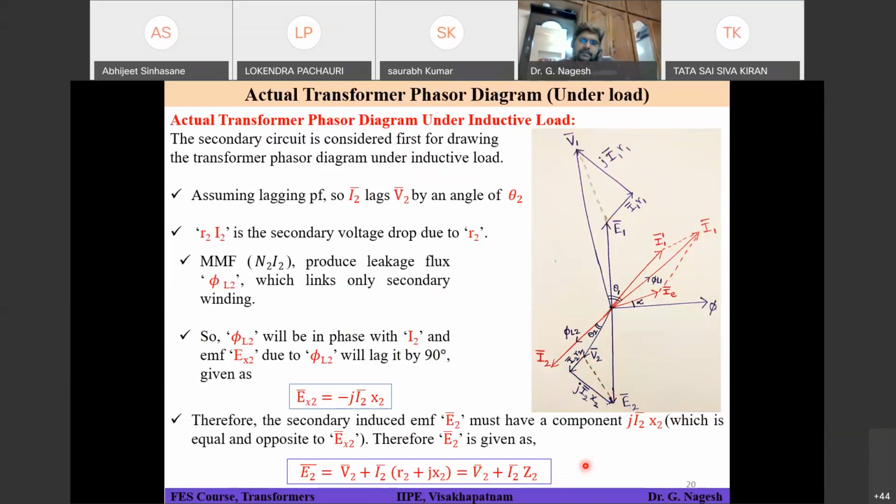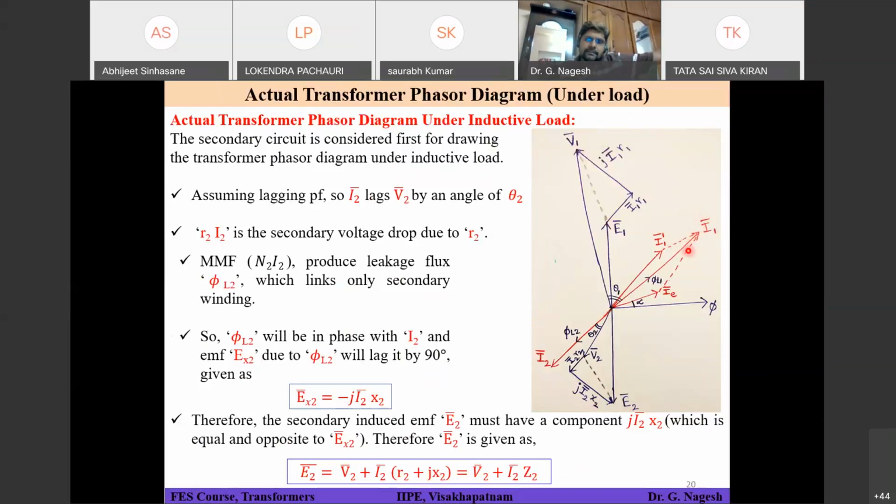Any doubt, you can ask me. Sir, in reality, in the primary winding, I1 net current is flowing, na? Yeah, I1 bar. In reality, I1 bar is flowing.